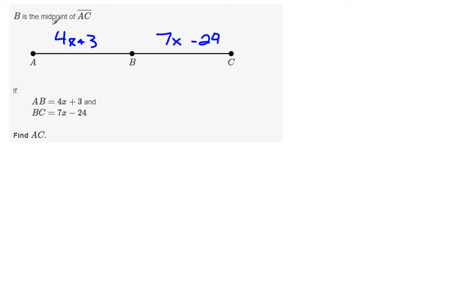And so your first thought might be, well, I want AB plus BC, so I can just combine these 2 expressions. And that would be correct. So we can say 4x plus 7x is 11x. And then 3 minus 24 is minus 21. And you'd say, well, that's AC.